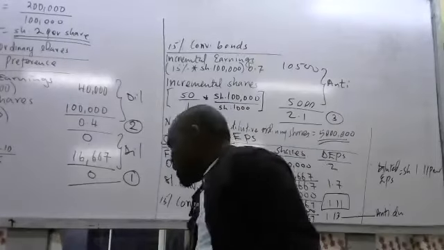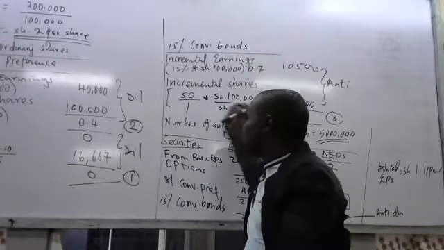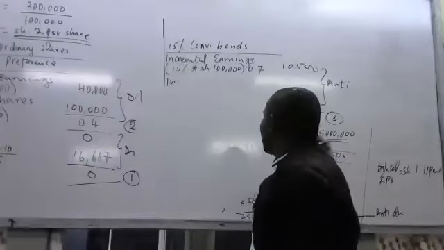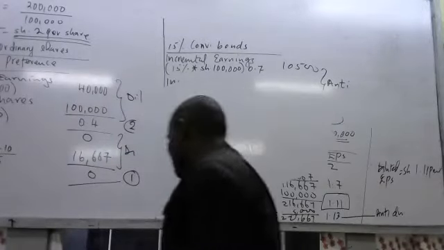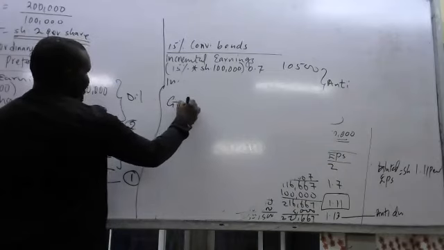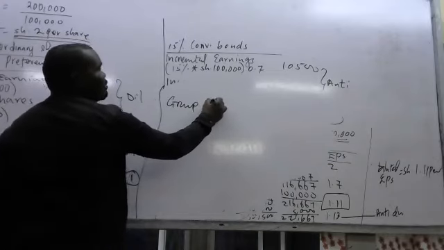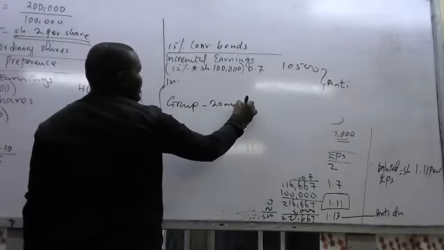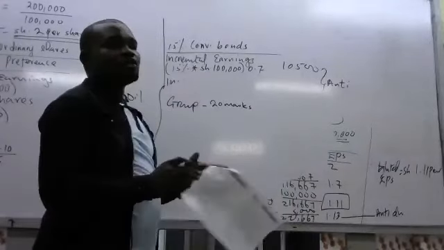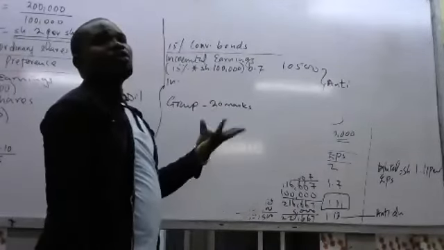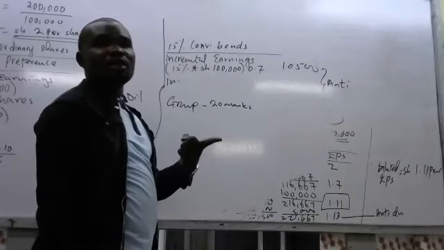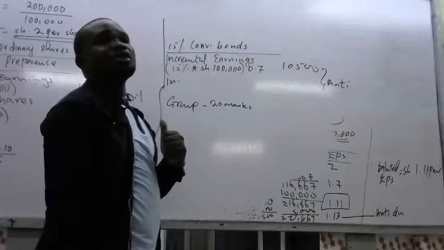I stopped predicting exams, but from experience, I can tell you for a fact, when you check these topics, group is compulsory. The group is divided into 4: normal group, foreign, disposal, and step acquisition.